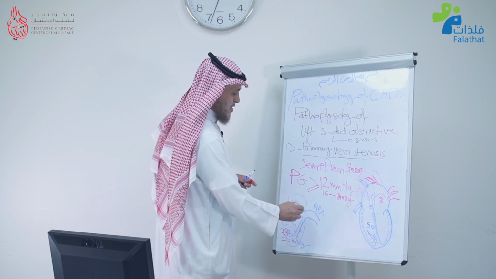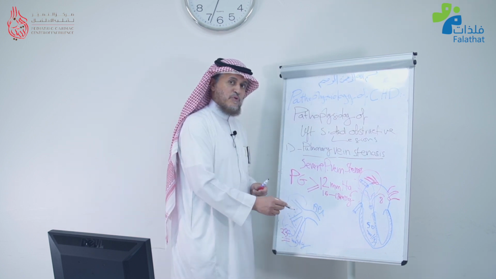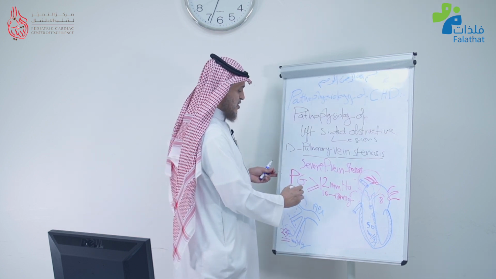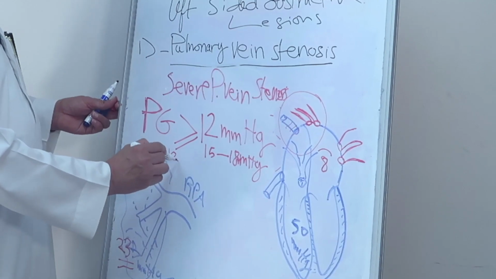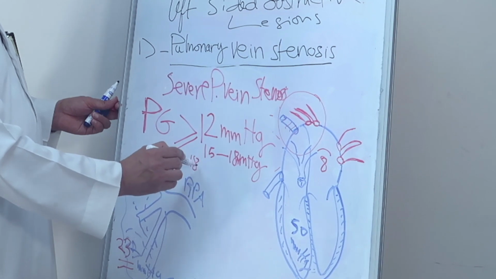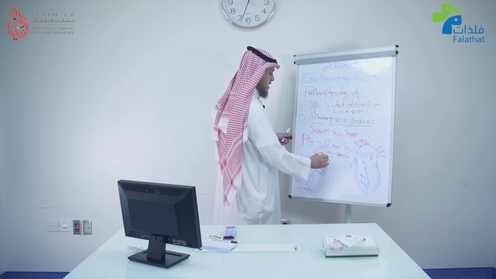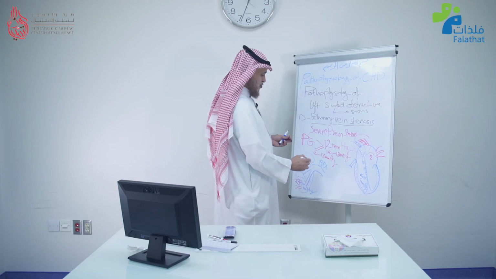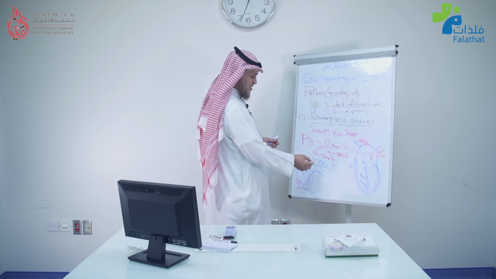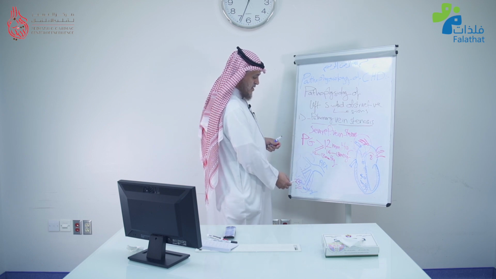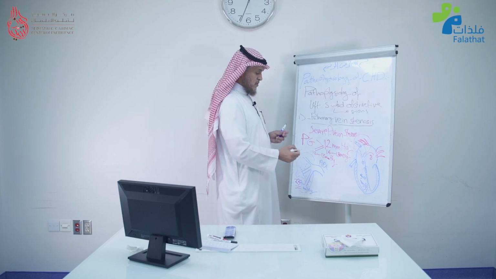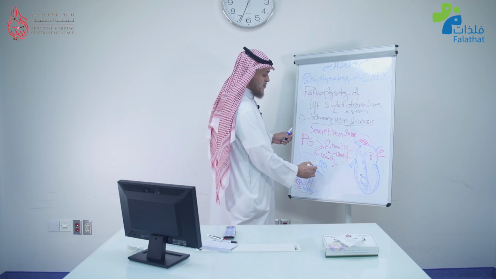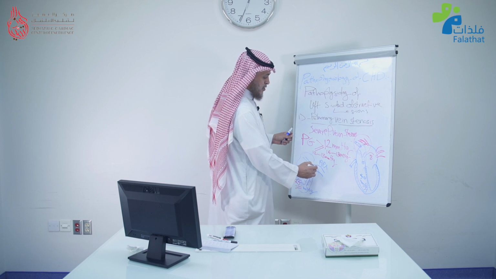We said that the mean pulmonary artery pressure is anything between 12 to 18 millimeter mercury as normal. If we now take 18 plus 23, that's already a mean of 41. So now we will have severe elevation of the pulmonary artery pressure.